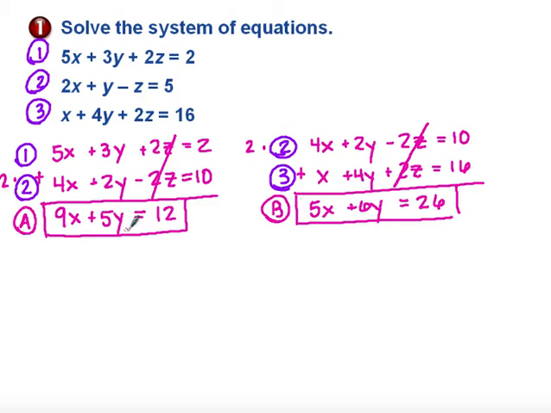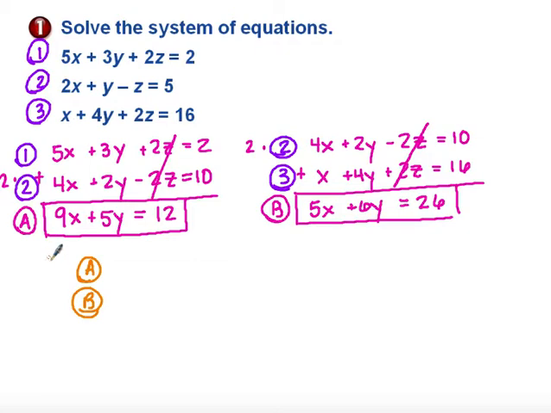All right, now that I've built equation A and equation B, you can see they now have both x's and y's. So I'm actually going to start this problem over again, but I'm going to look at just A and B and what I need to do with A and B to get rid of either x or y's. So I'm going to go after y's. I have a 5y and a 6y, so I know the common multiple would give me 30.